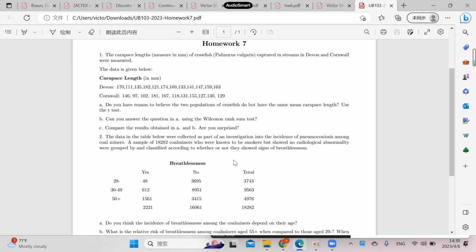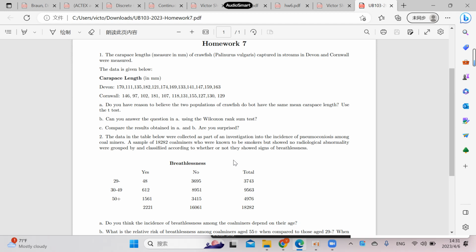Then you have your degrees of freedom, n1 plus n2 minus 2, which equals 21 here. So you go to your table, you have your degrees of freedom and your alpha, you can locate your t critical value, and then you compare your calculated t with the t critical value. So that's how you answer question A.